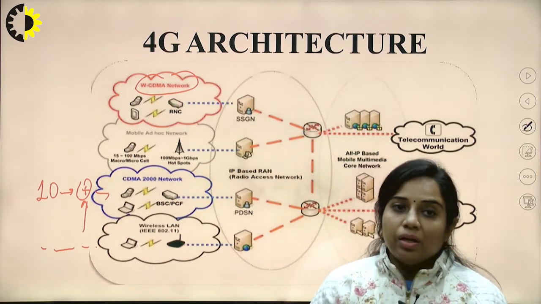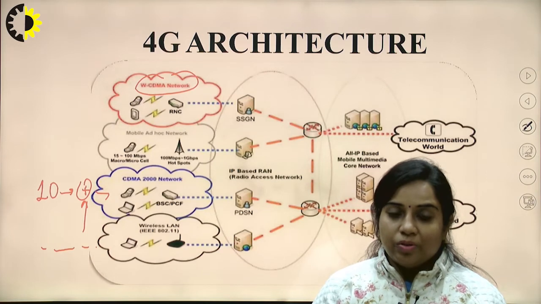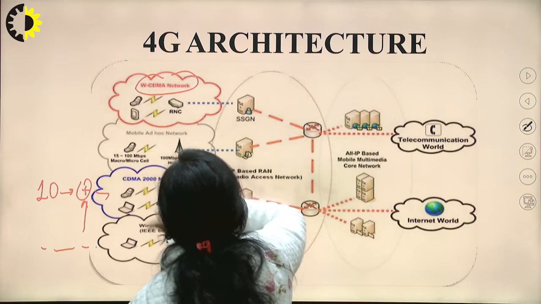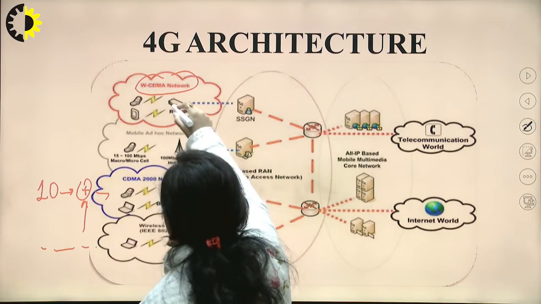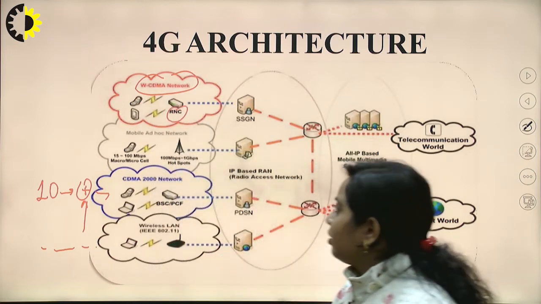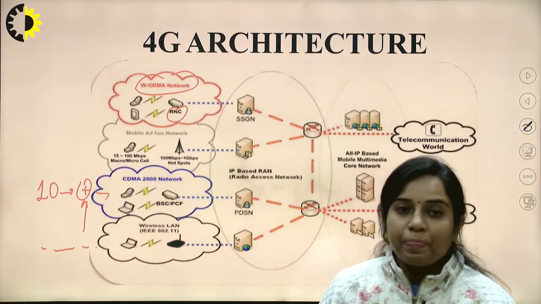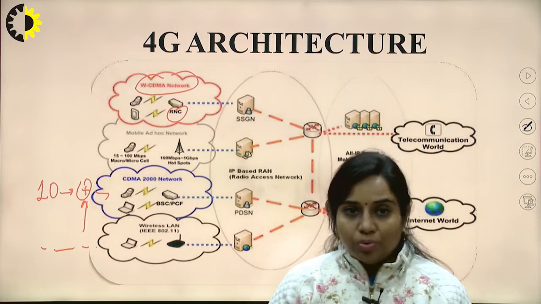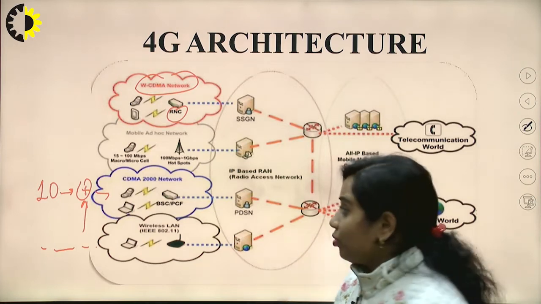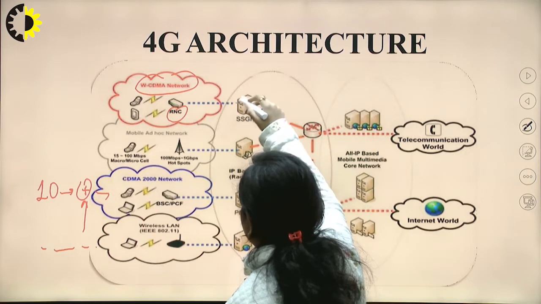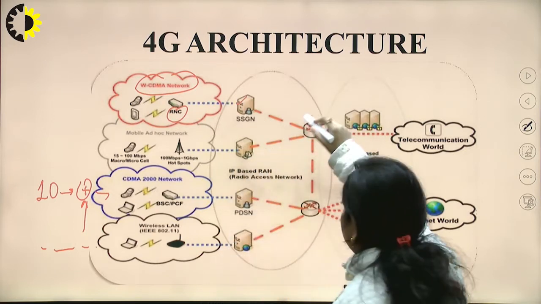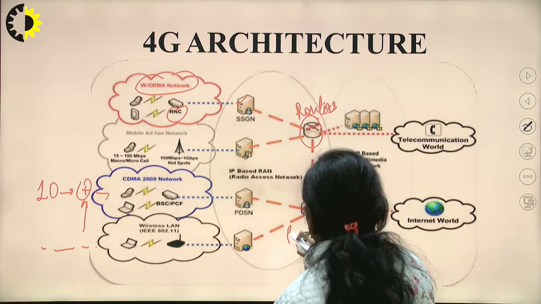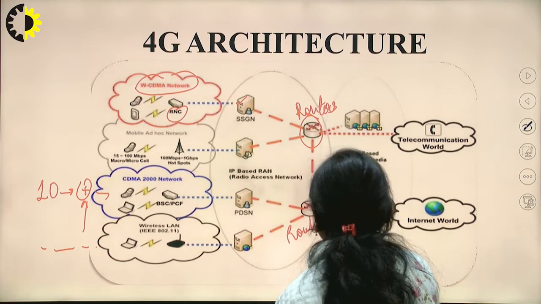But when the distance between the transmitter and receiver is quite high, that is wide cells, WCDMA is used. Now what is this RNC? RNC is the radio network controller, which will act as a router between different devices. So it will connect this transmitter with this SGSN, and then there are different routers, like this one is a router, this one is a router, and this is connected to different devices.